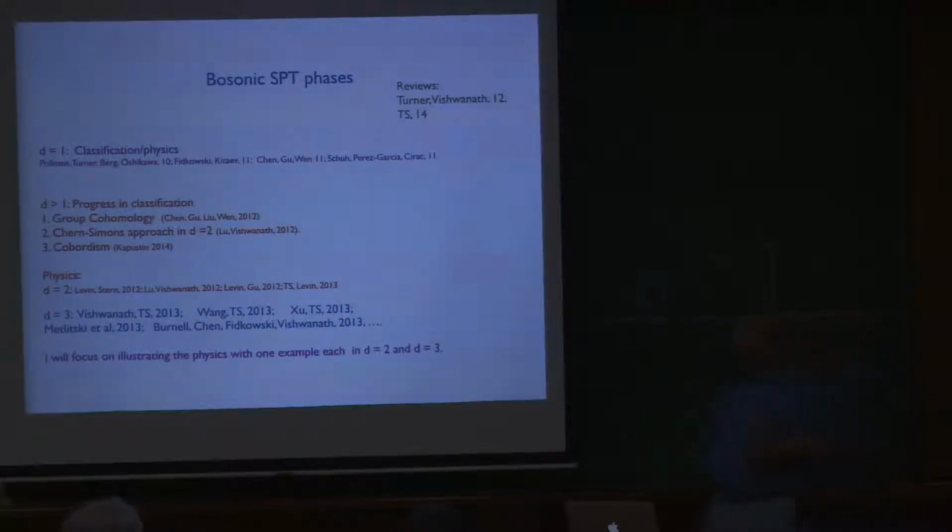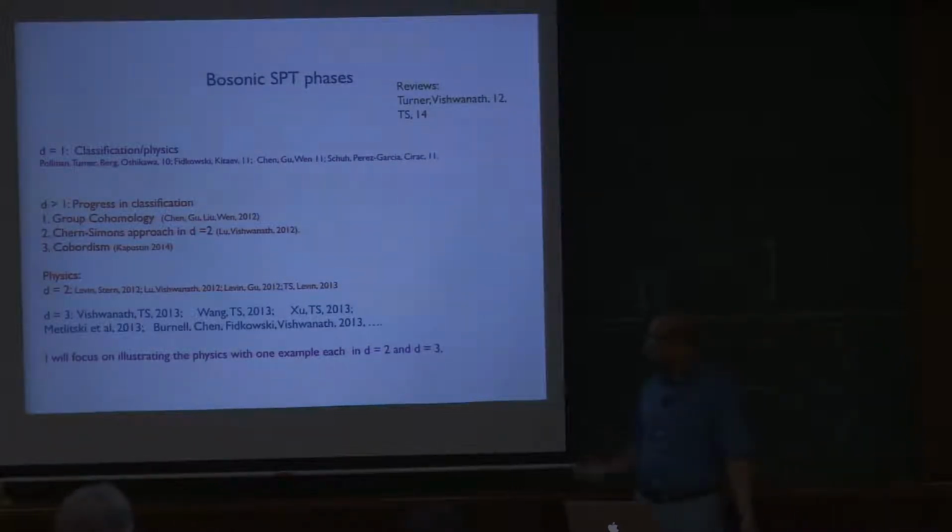At least as part of my personal history, I found this accessible compared to anything else in the literature. And there are physics-based discussions by many people, and I'm going to talk about this physics-based understanding primarily, with one example each in 2 dimensions and in 3 dimensions.